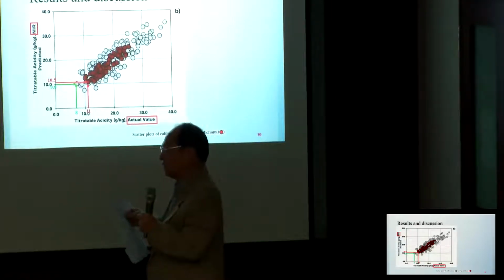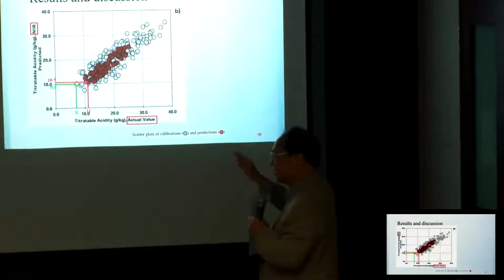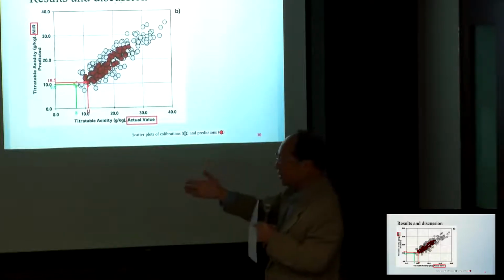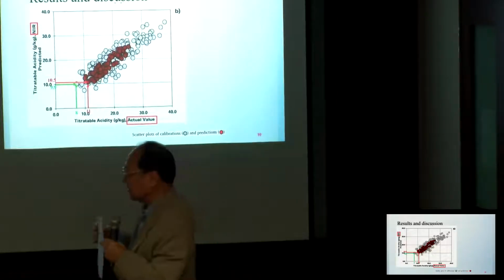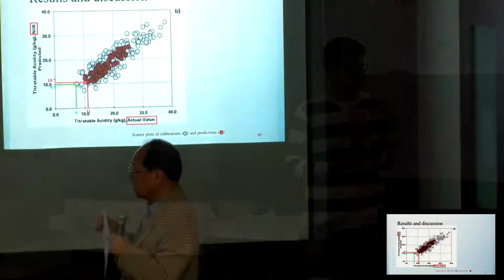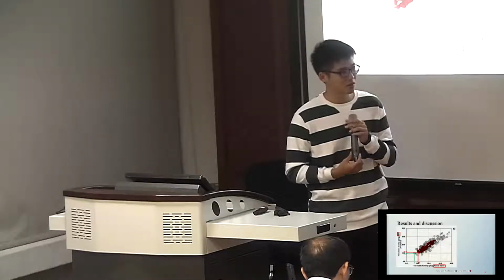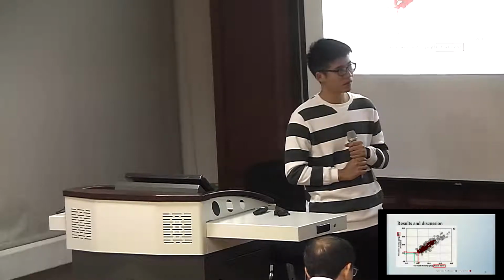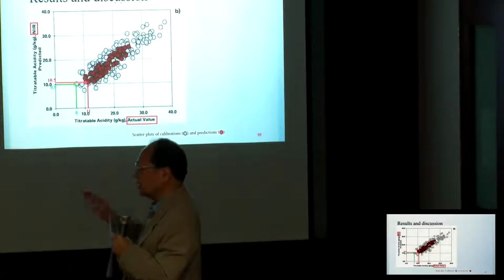So this is my suggestion. Do they use a model? What kind of model do they use in the paper? Yes, they did say, but it needs lots of calculation, so I didn't show that. No. You only say what kind of model, and also the R and the standard error. That's all. Okay.